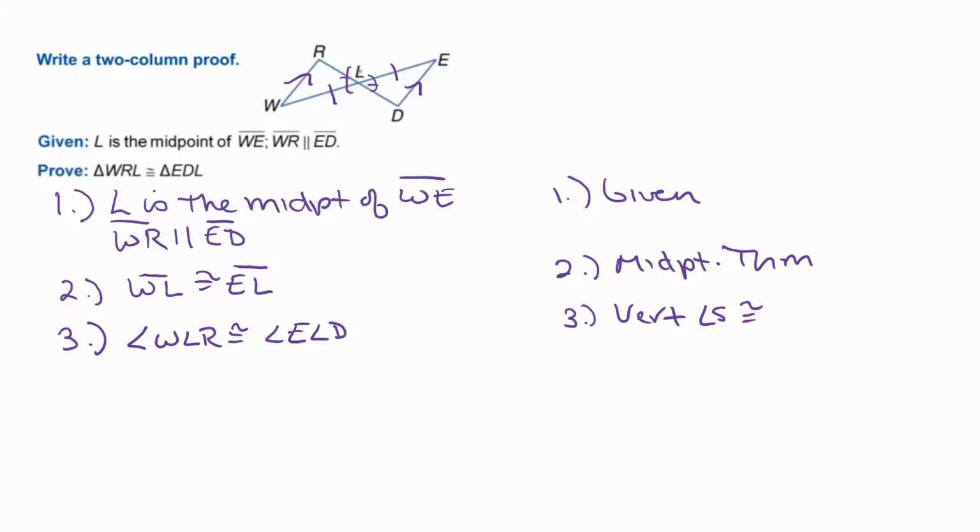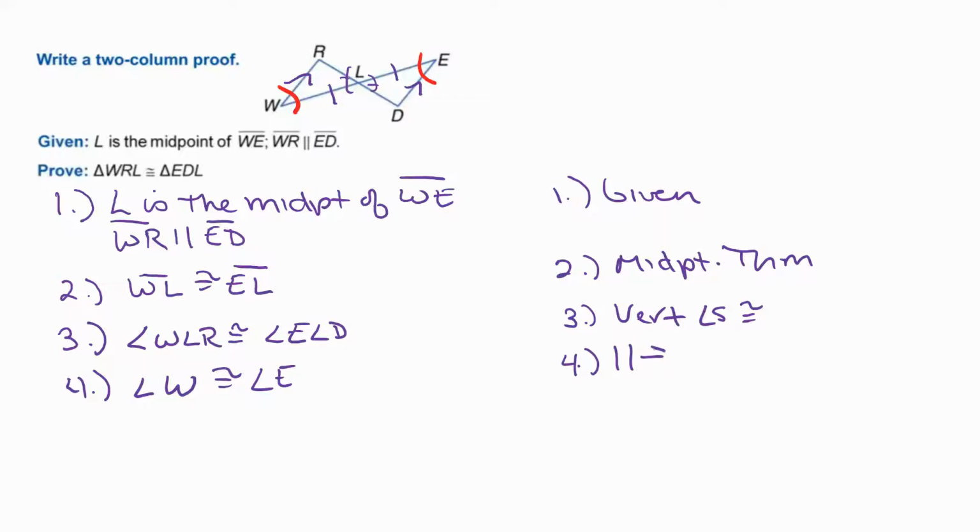Now we have the angles, we have a side that's attached to those angles. To have angle, side, angle, we need to show that this angle is congruent to this angle. So angle W is congruent to angle E. Well, we know that WR is parallel to ED, so we also know then that angle W is congruent to angle E because they're alternate interior angles.